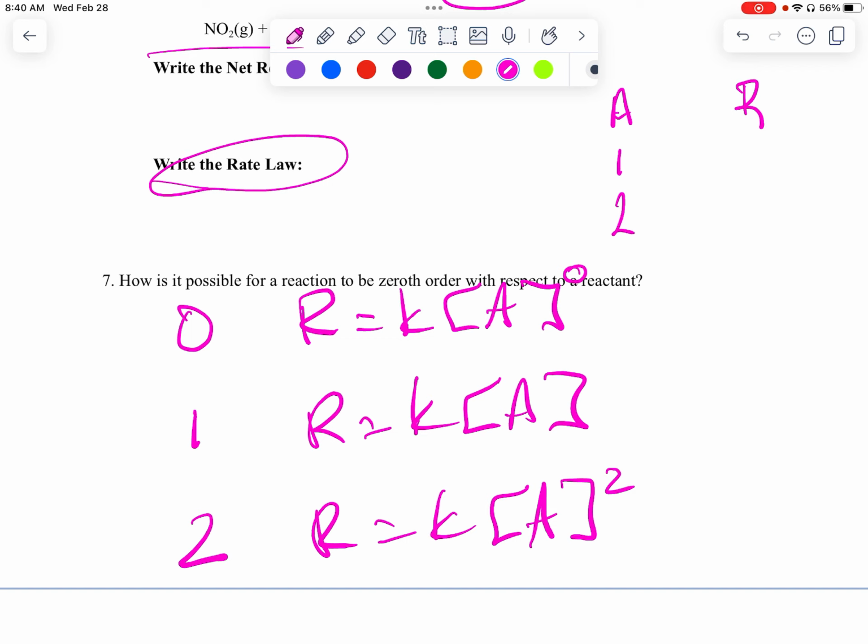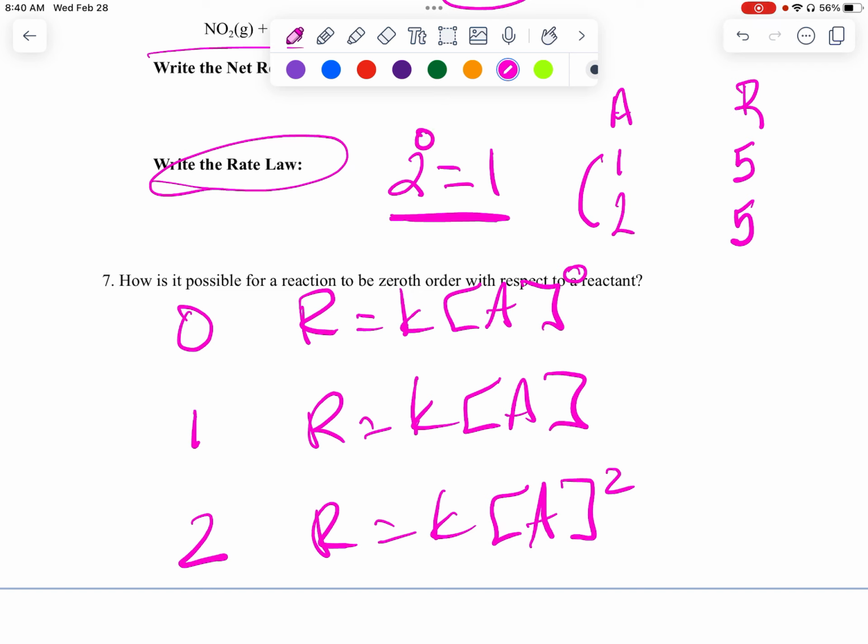And then we have the rate. And let's say the rate is 5, and then the rate is 5 again. So what you want to do is look and go, well, the concentration doubled, but the rate, 5 divided by 5, stayed the same. How do you make this equation be true? Well, you need to add an exponent of 0.